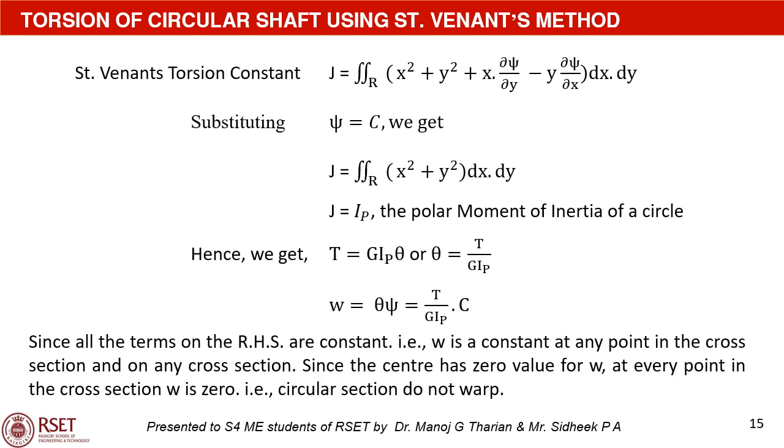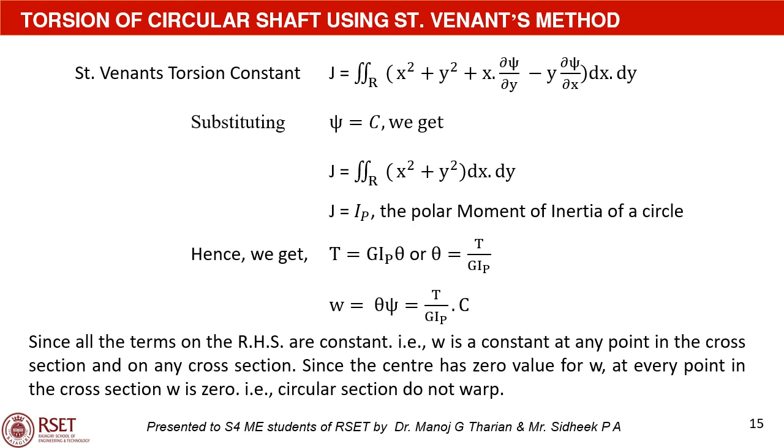We will find out the expression for the Saint-Venant's torsion constant J in the case of the circular section using the formula J is equal to the double integral over the region R of (x² + y² + x ∂ψ/∂y − y ∂ψ/∂x) dx dy.